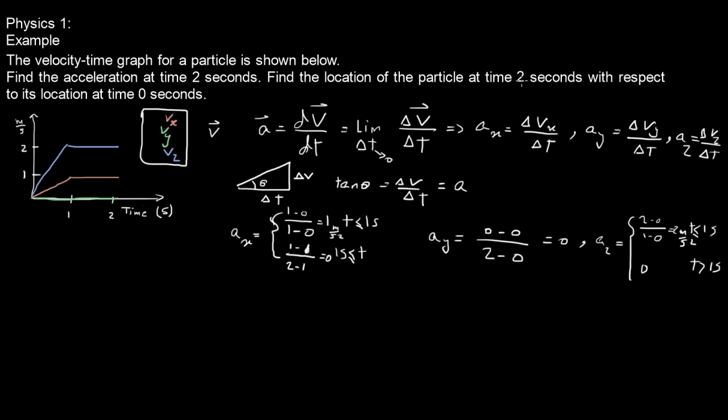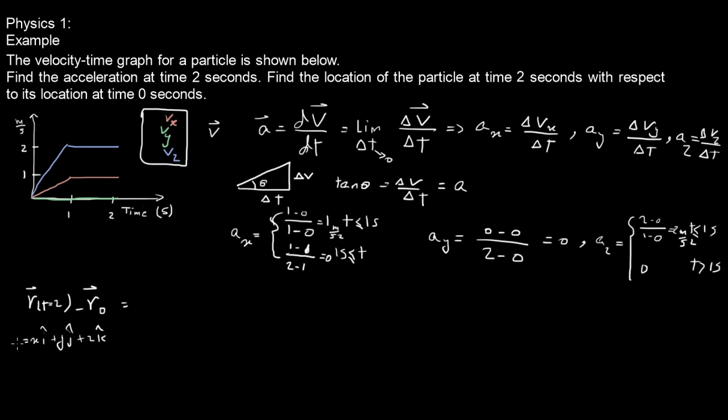Now let's go to the second part of the question. Find the location with respect to the location at 0. So it basically is asking for location vector at time t equal to 2, which is when the particle is here, minus r naught. We already know r is x i hat plus y j hat plus z k hat.